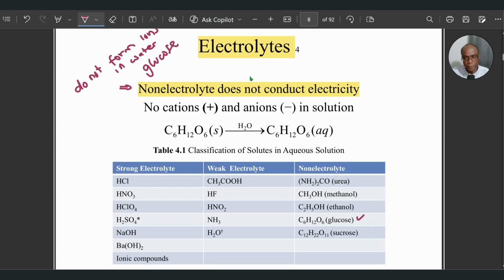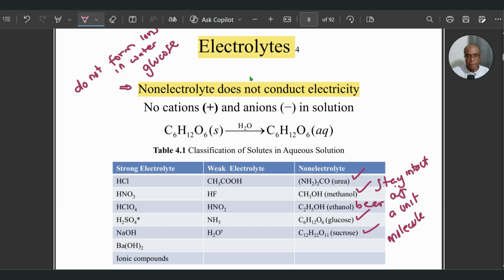You see it here. Beer, methanol, urea, sucrose, these sugars usually stay intact as a unit molecule. They don't break apart.